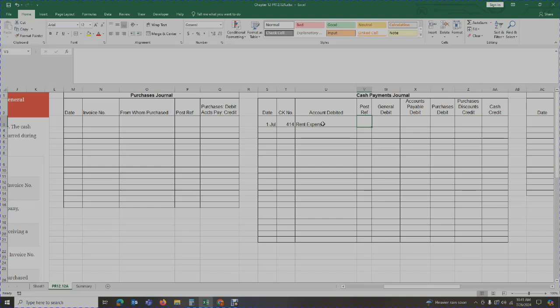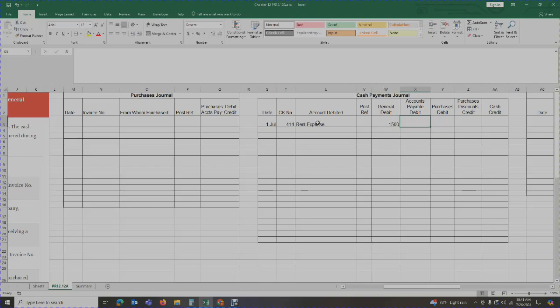The post-reference columns are filled in when we transfer this information into the ledgers. Now we need to figure out the rent expense. Is it a regular general debit account? Is it accounts payable, purchases discounts, credit, or cash? Rent expense falls under general. It does not fall under any of the other categories, so we're going to put it there for $1,500. How do you pay your rent?